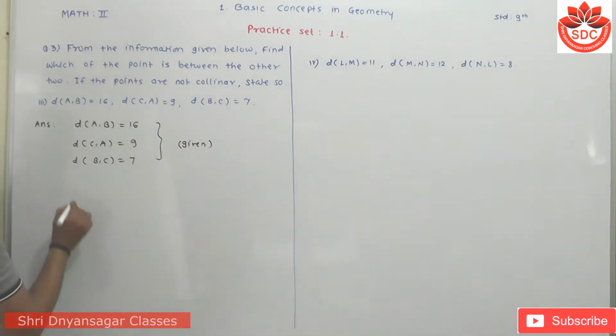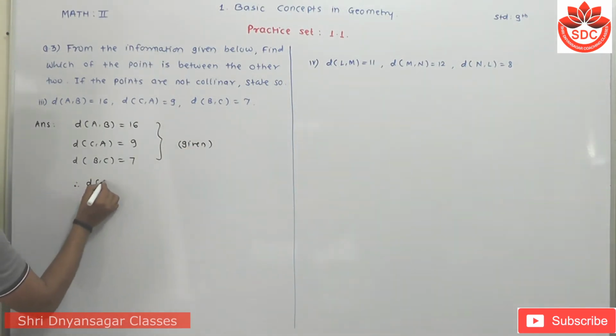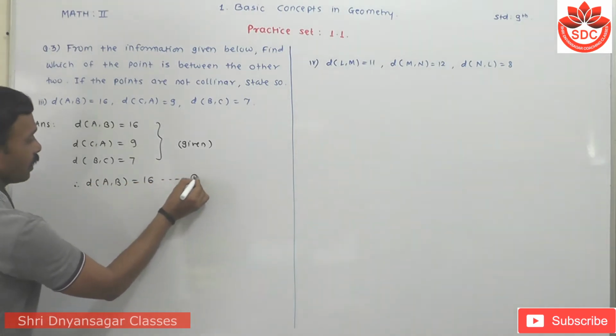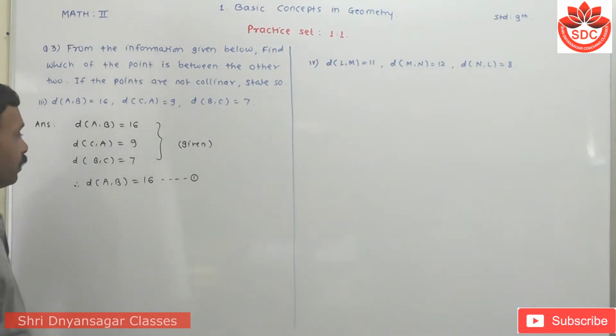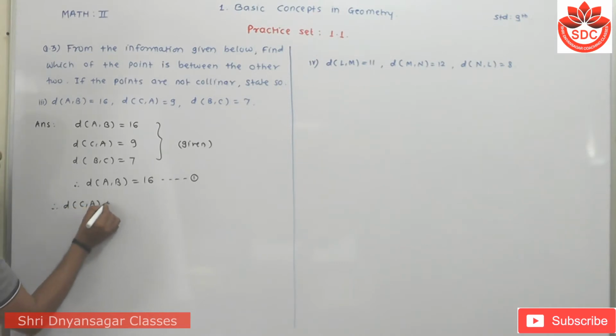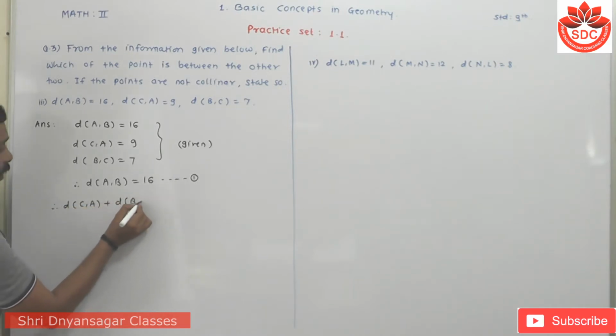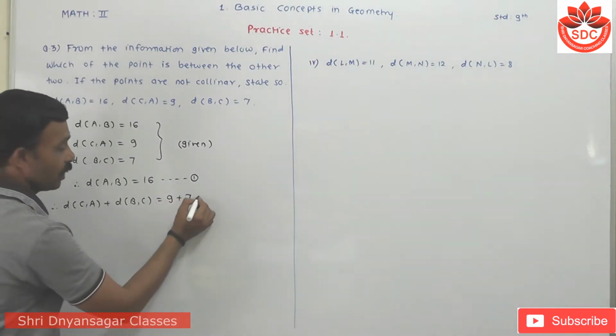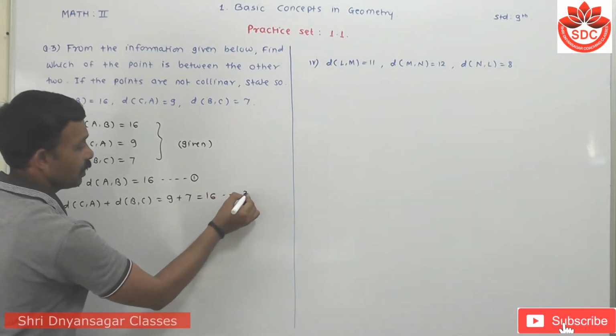Students, I take the distance of the bigger segment first: AB equals 16, as equation number first. Then take the addition of the remaining two: the distance of CA plus the distance of BC equals 9 plus 7. The addition is also 16. Let this be equation number second.